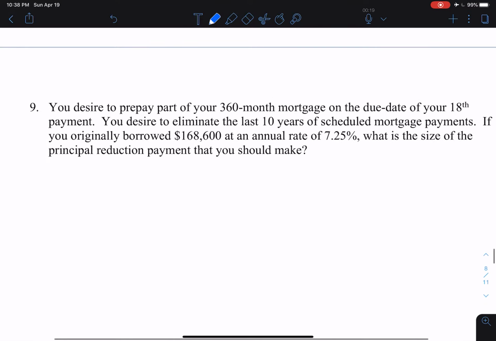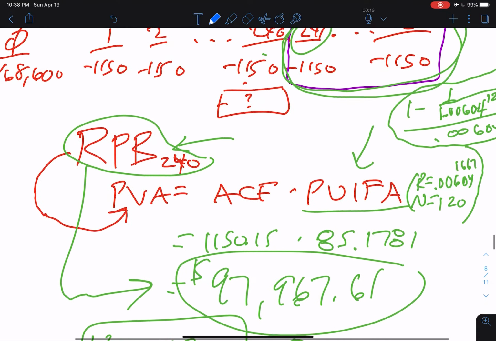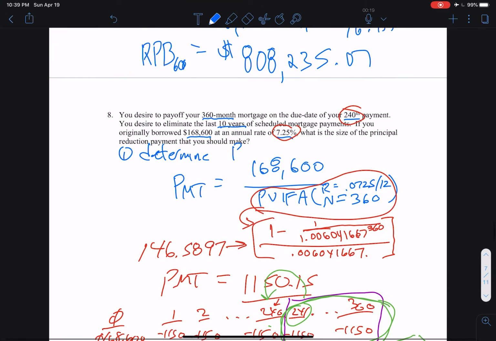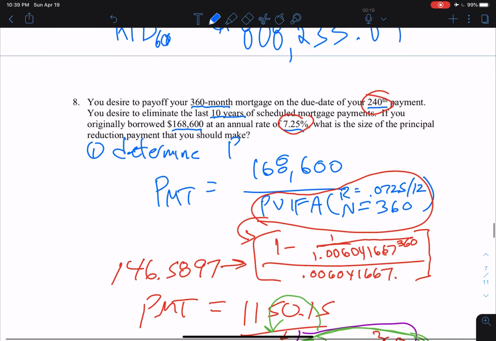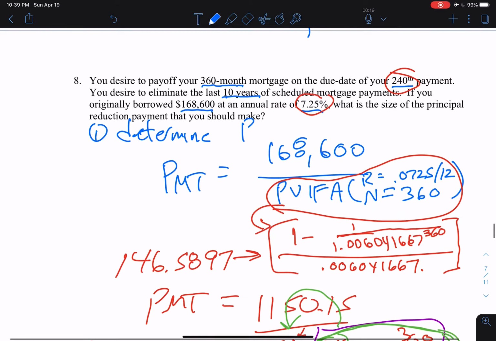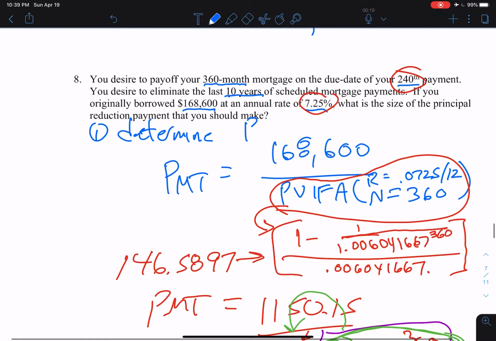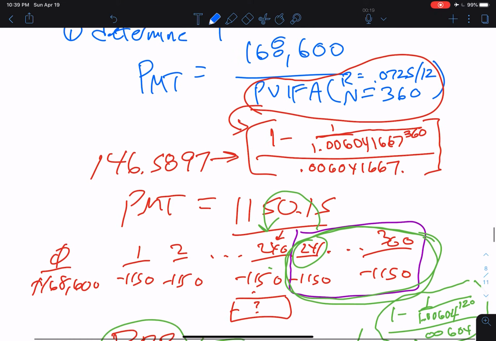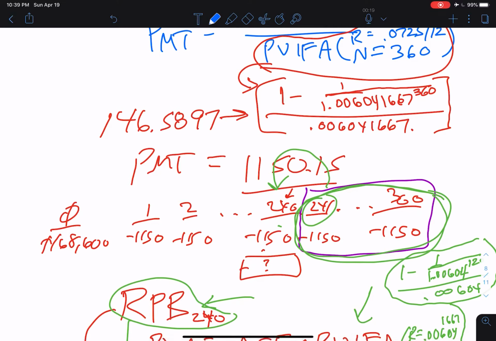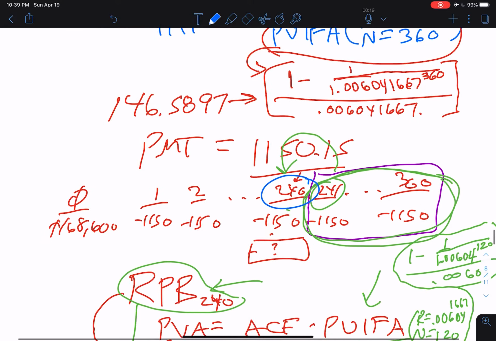Now, the last video we did was problem number 8, and in that video, we looked at prepaying our mortgage at date 240, and basically just at date 240, paying off the remaining principal balance of our loan.